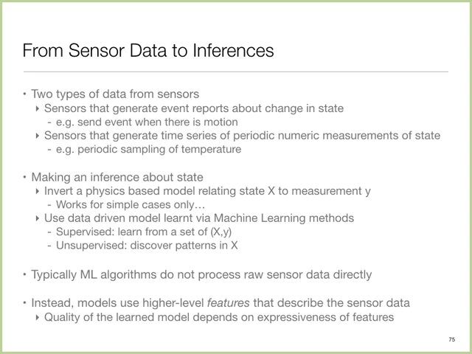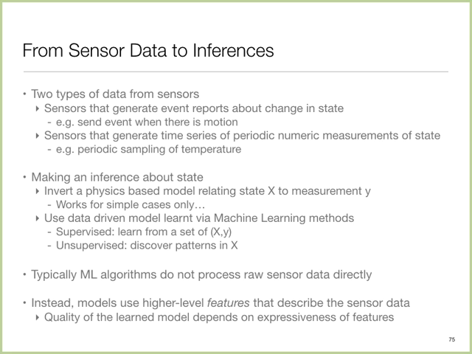But it's not sending a repeated message, door is closed, closed, closed, closed, open, right? I mean, it's sending out events. So many sensors are naturally like that. Deep down, what is really happening is that they may be still continuously sampling, but some simple processor right at the sensor takes care of converting it into an event report. And then there are sensors which are sending data at a lower level, namely they're literally sending that periodically sampled time series.